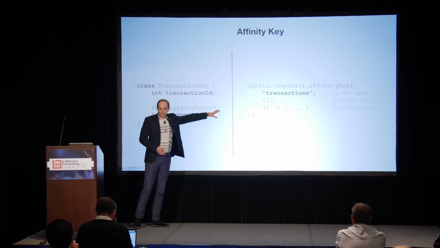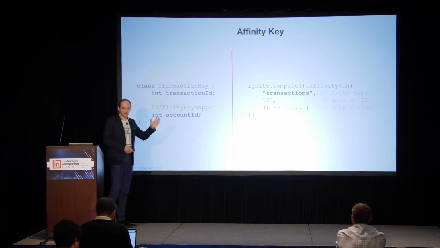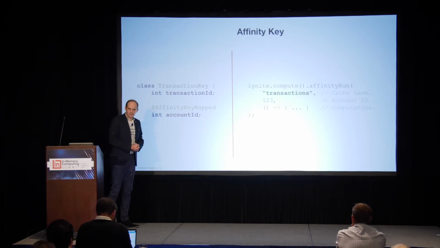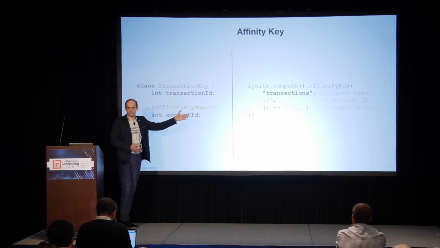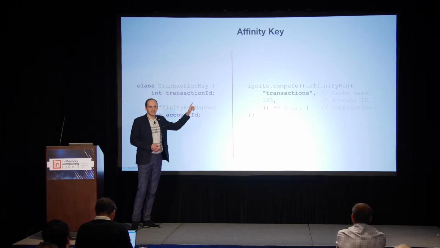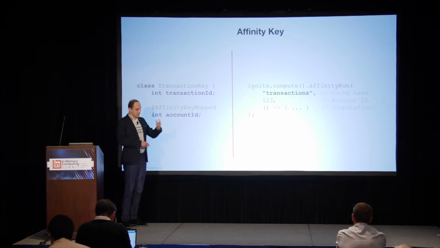And we can also do the computation like shown here. There are special APIs for that, like the affinity run method, for example, where you basically provide a cache name. You provide the affinity key, which is account ID in our case. And then you provide an actual computation, like a closure or a lambda. This lambda will be sent to that server node where all the transactions for this account ID are, and would do all that processing.